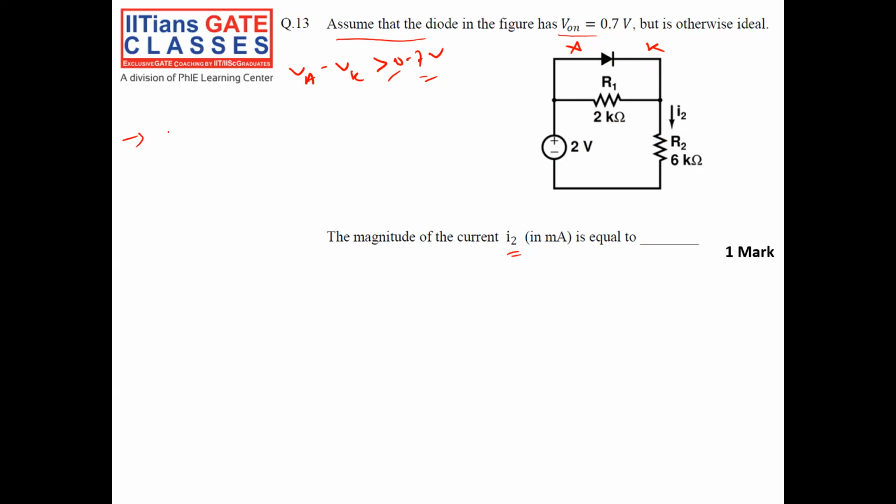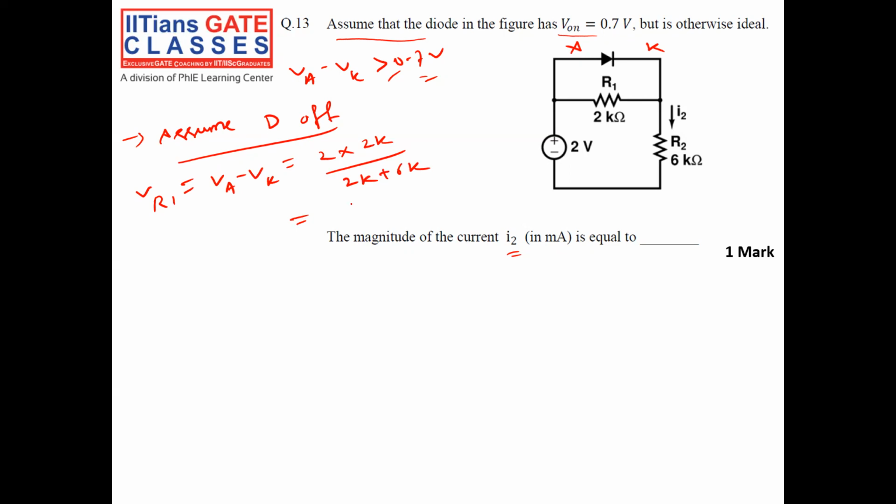So first let's assume that the diode is off. If the diode is off, what is the voltage across R1? V R1 is nothing but V anode minus V cathode, which is equal to 2 volt into 2K divided by 2K plus 6K, equal to how much? 4 by 8, equal to 0.5 volt.